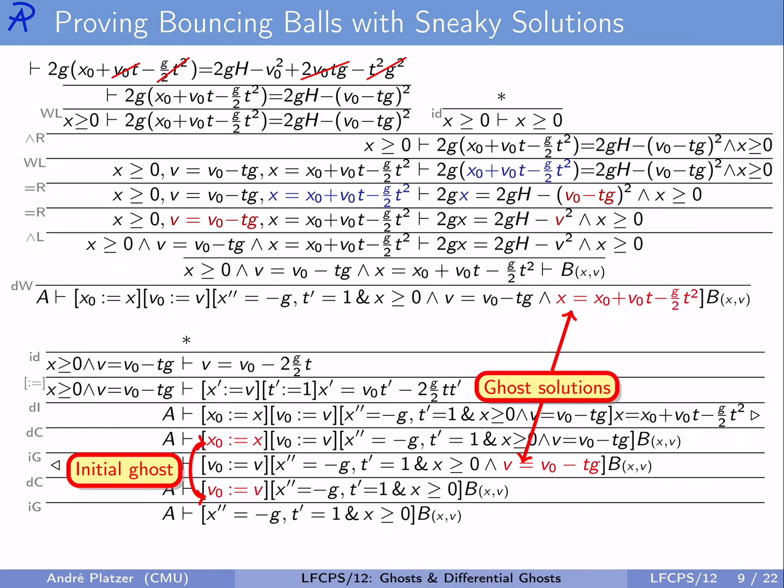But the point that I really want to make is here we've used ghost solutions. So we put in an equation telling us exactly the values of variables as a function of time. Here we use discrete ghosts to remember the initial value of variables.